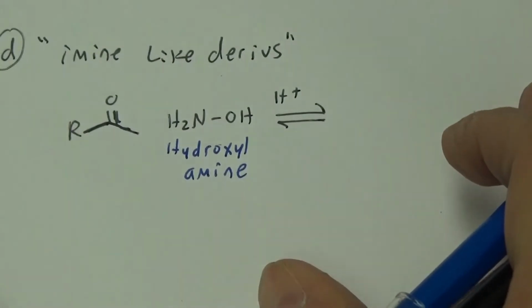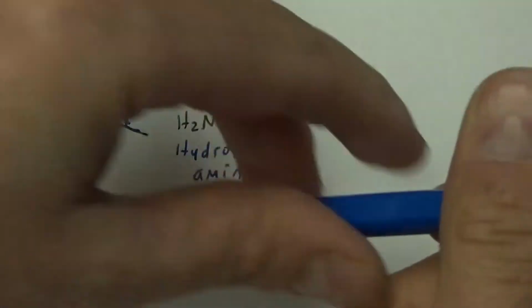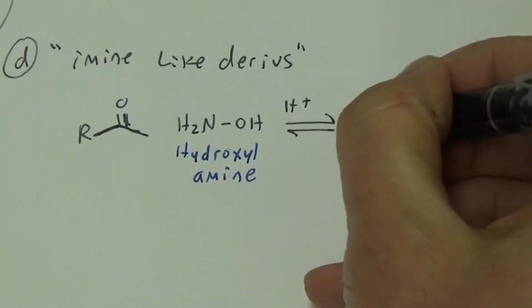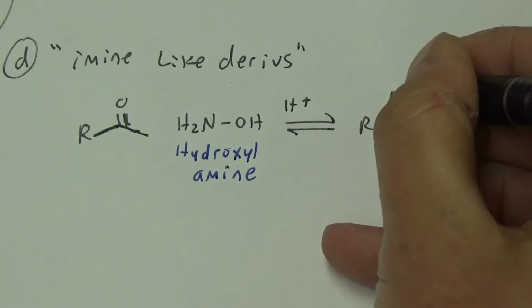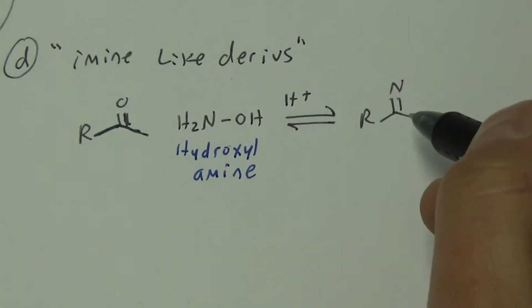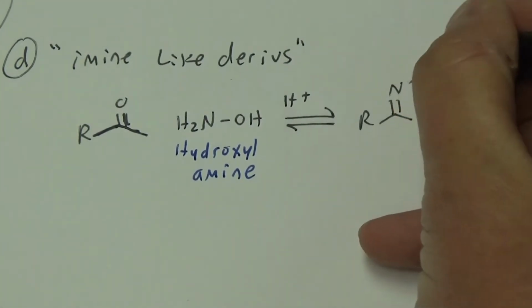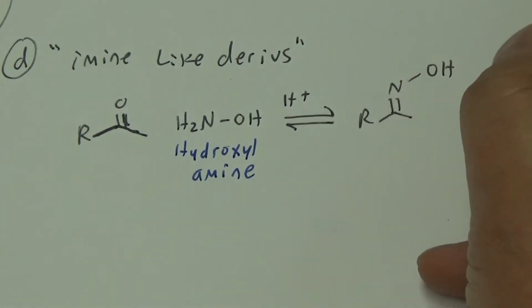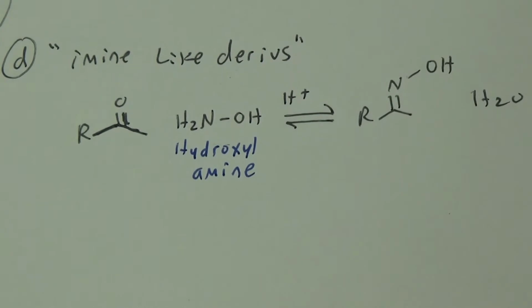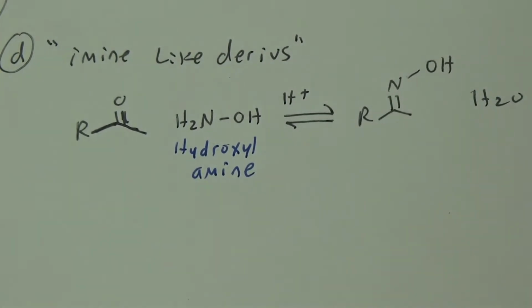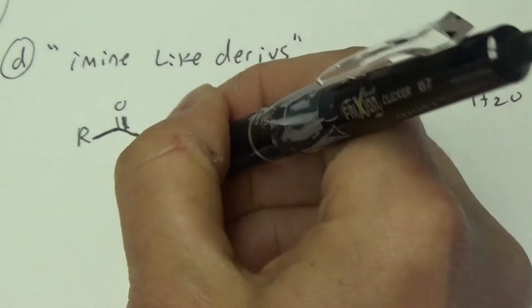It's kind of like an amine. It's an amine-like derivative, so maybe it looks like that. Kind of like an amine, but what's on the nitrogen? What group? Hydroxy group. Okay, and then you form, of course, water. It's the same kind of thing, same exact mechanism.